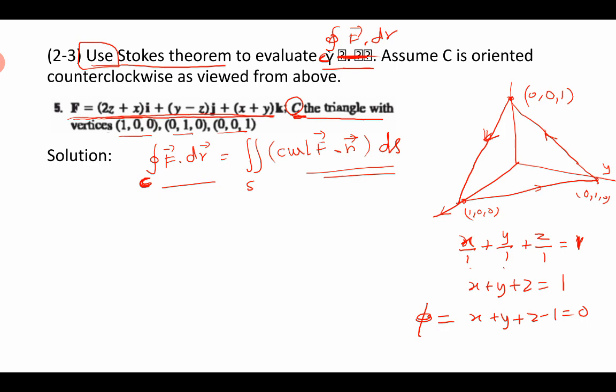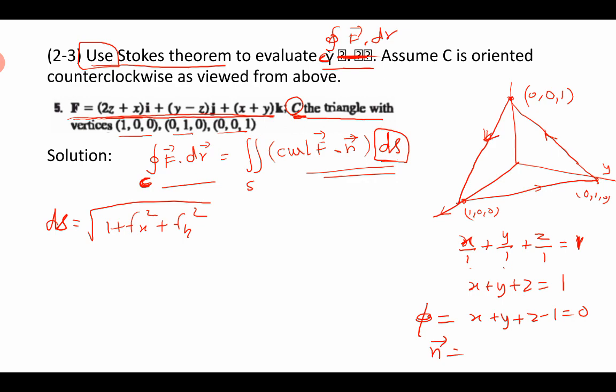Therefore you can go ahead to find the n vector. And on the other hand, we want ds. The formula for ds is square root of 1 plus fx square plus fy square, isn't it?